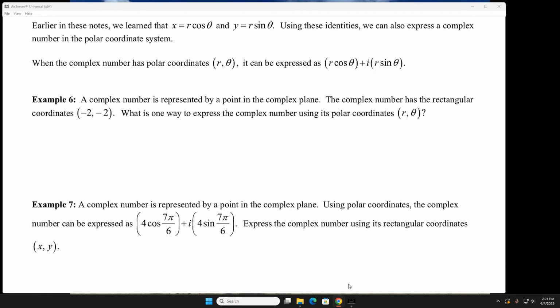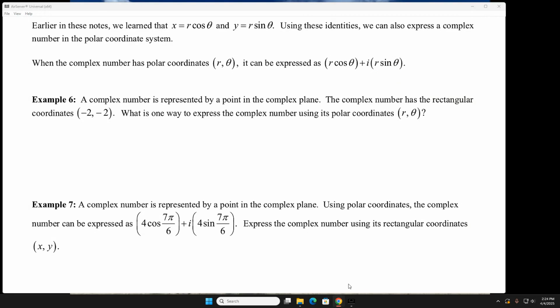Because earlier we talked about that x is equal to r cosine of theta, and y is equal to r sine of theta, we can use that to be our x and our y, or our a and our b, I guess I should say. So a is going to be r cosine of theta, because that represents the horizontal coordinate, and our b is going to be r sine of theta, because that represents our vertical coordinate.